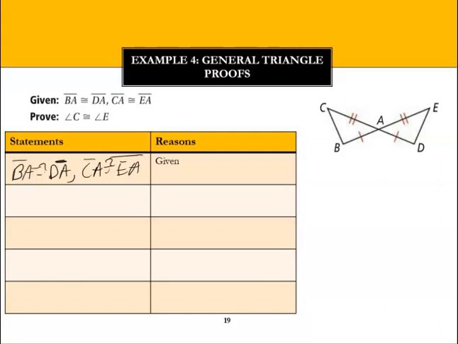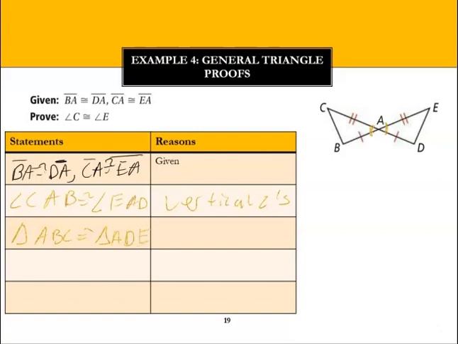The statement and reason we wanted is angle CAB is congruent to angle EAD, vertical angles. I have enough for congruent triangles, so triangle ABC is congruent to triangle ADE.